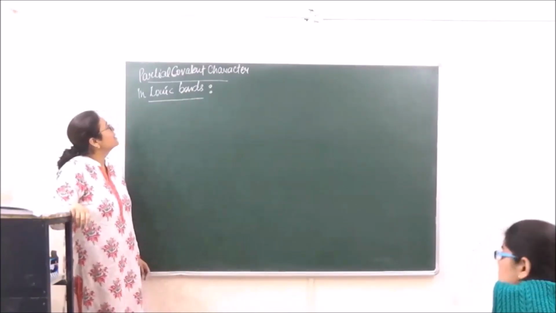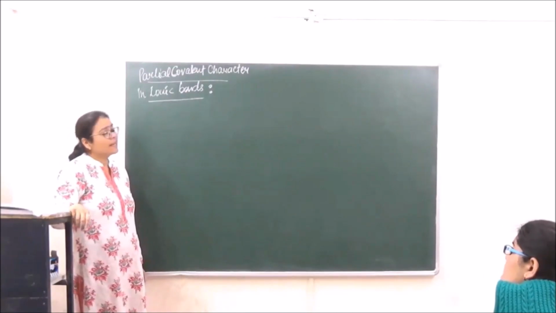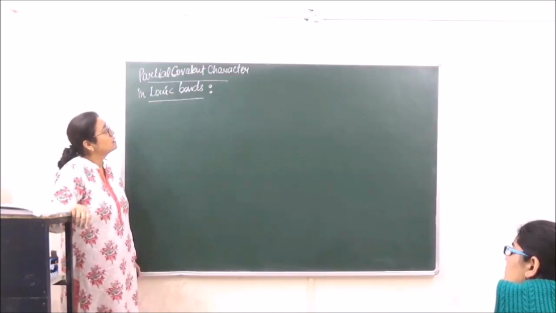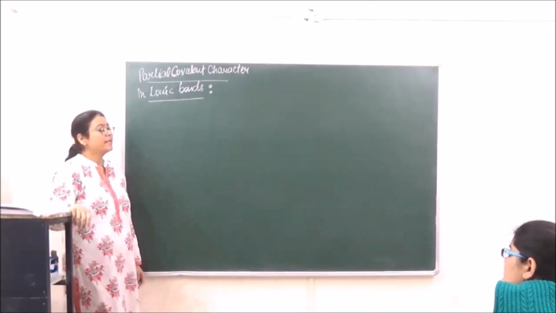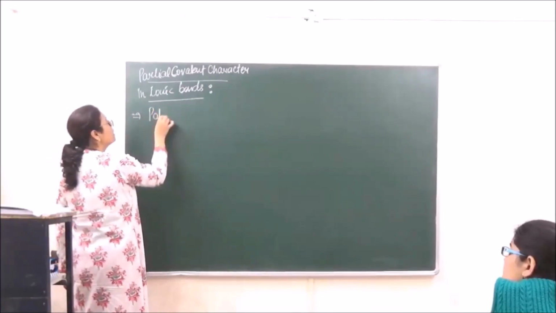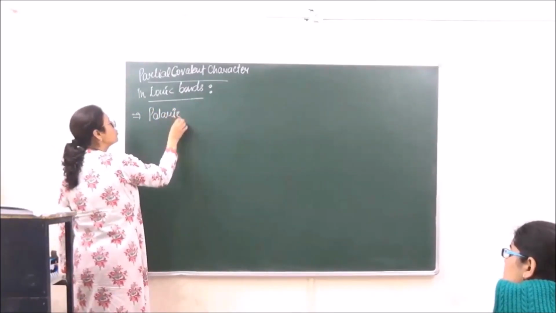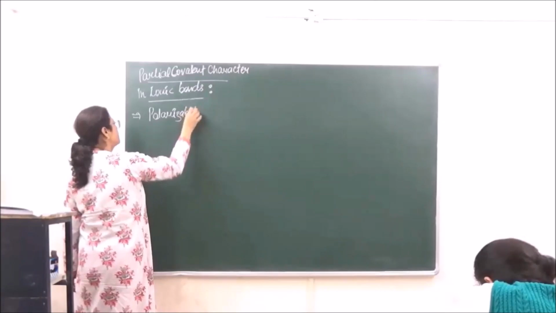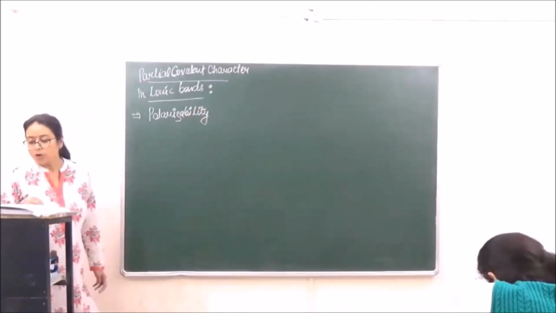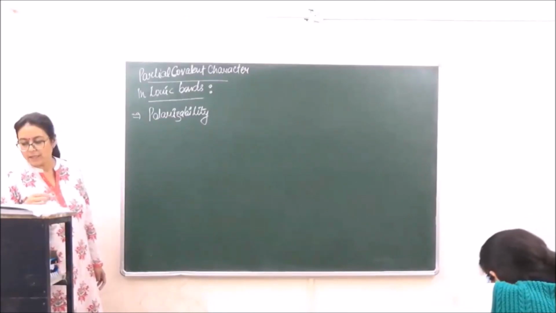In a similar manner, every ionic bond also has a certain amount of covalent character in it. Now, this covalent character is explained on the basis of a term known as polarizability. What do we understand by polarizability?